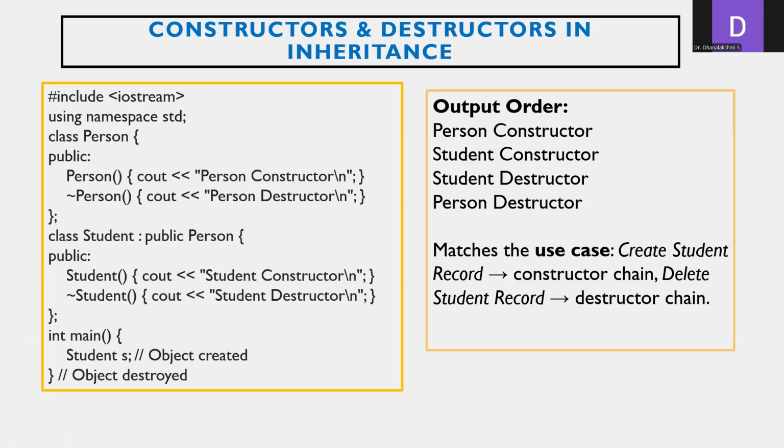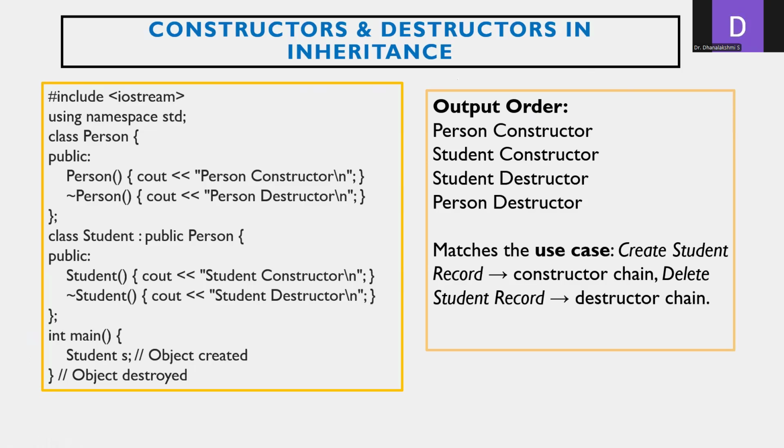During creation, the base class sets up the common foundation first. Then the derived class adds its own features. During the destruction, the derived class cleans up its part first. Then the base class finishes cleaning up whatever is left. This sequence prevents errors and resource leaks, especially in large systems where many classes are connected.